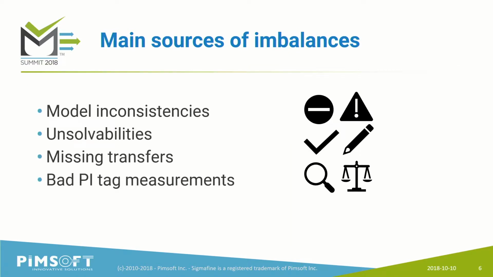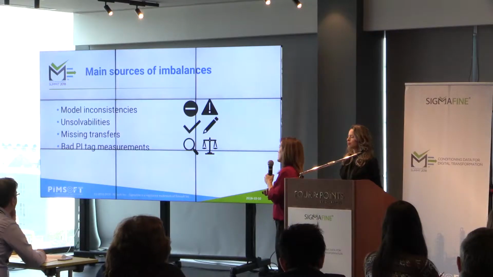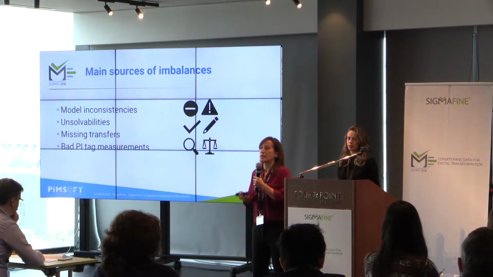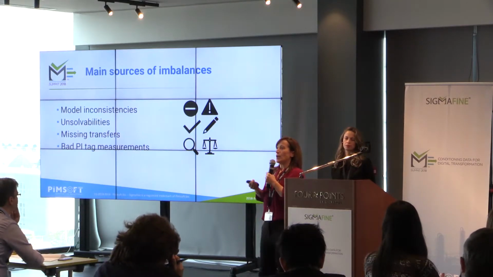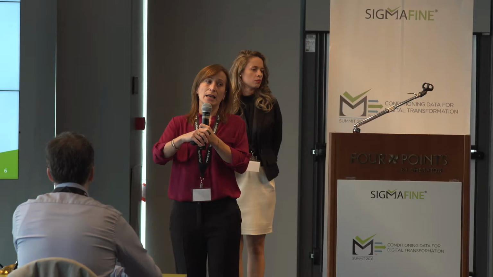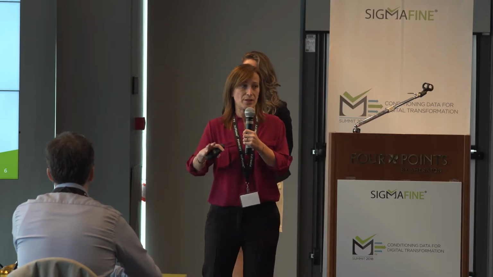So these are the main sources of imbalances and of error that you may have in your model and in your runs. First of all is model inconsistency. As we said, Sigmafine is model-driven, so the model that represents the process that you want to balance is the base of everything.